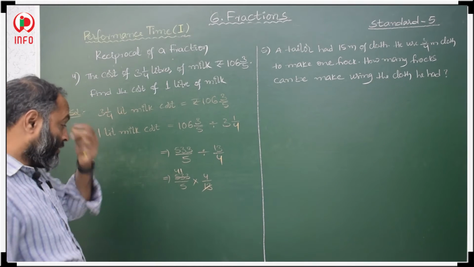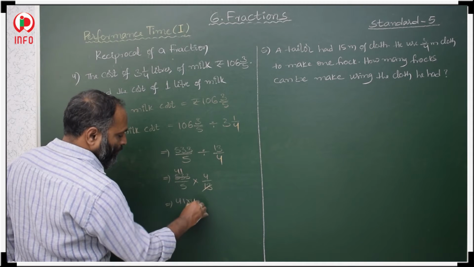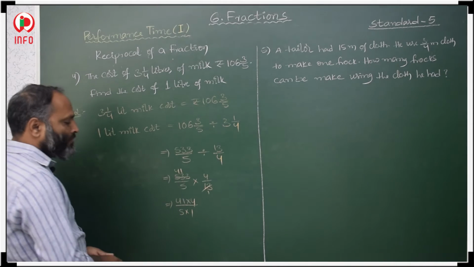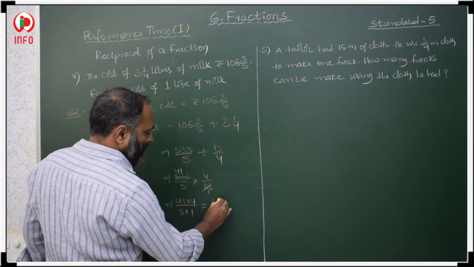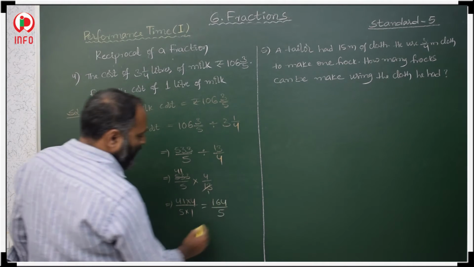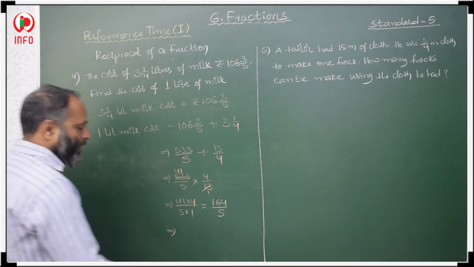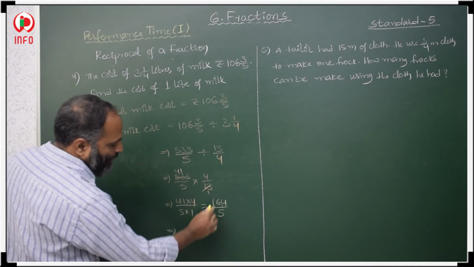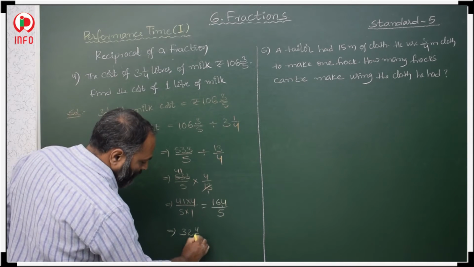Then 41 into 4 by 5 into 1: 41 4s are 164, so 164/5. Then how to convert this into a mixed fraction? This is improper, so we have to convert it into mixed. 5 3s are 15, 1 left, 5 2s are 10, so 4/5.